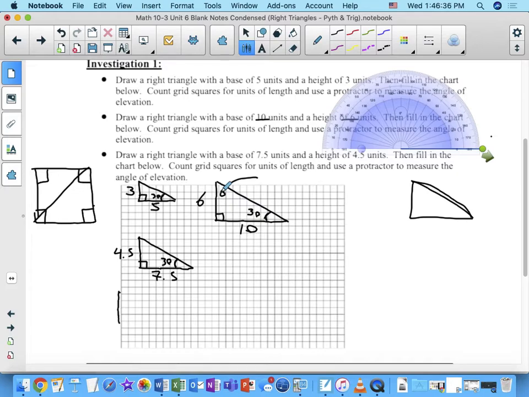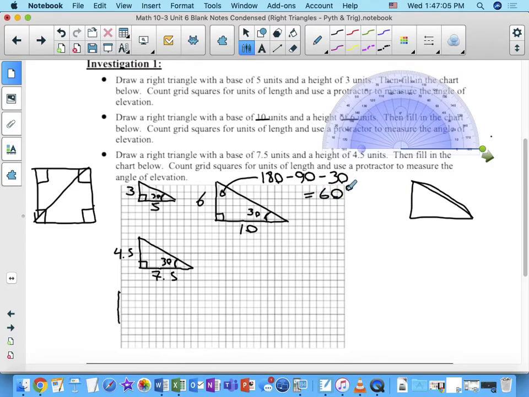How many degrees are already accounted for here? I've got 90 degrees and 30 degrees. What is that so far? 120. Okay. They have to add up to 180. What's left over? 60. Yes. So to get this angle, we can go 180 minus 90 minus 30. We can take away the other two, which is 60 degrees.